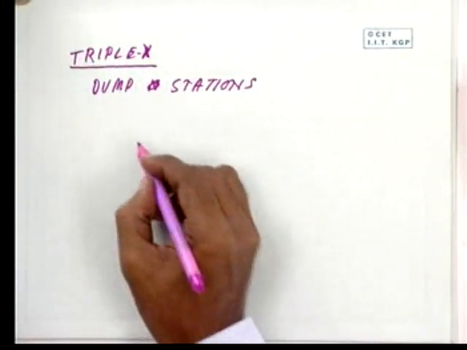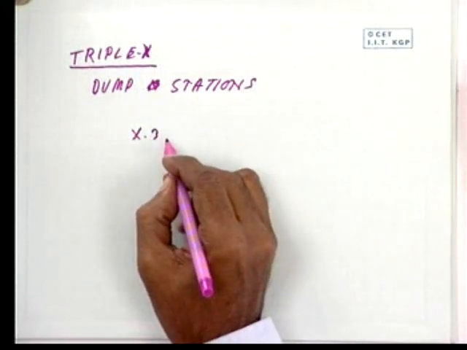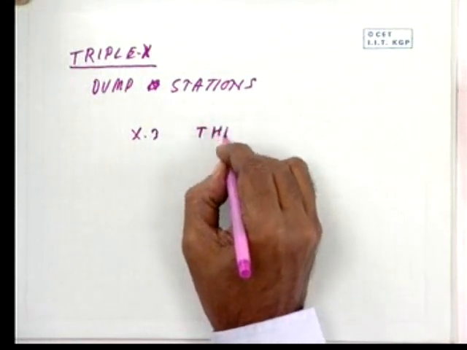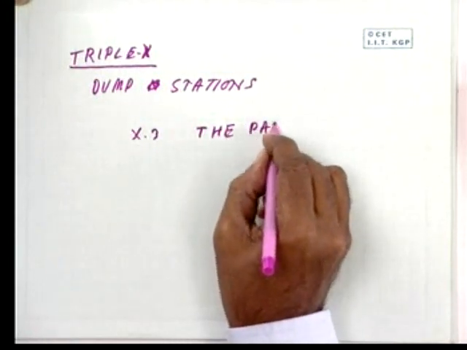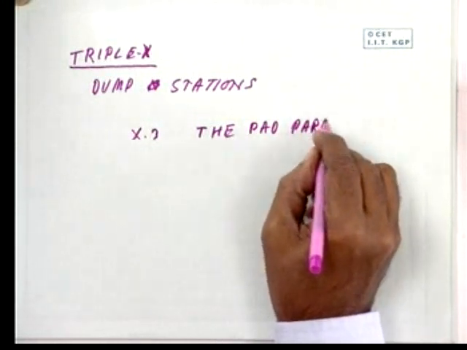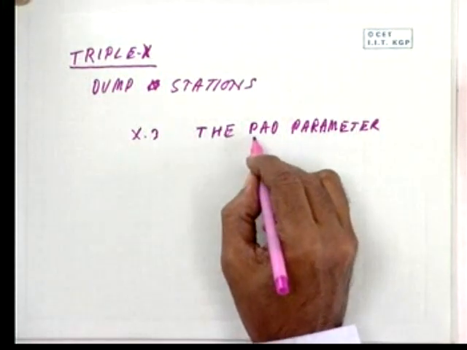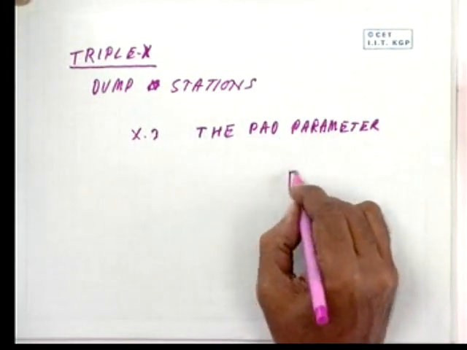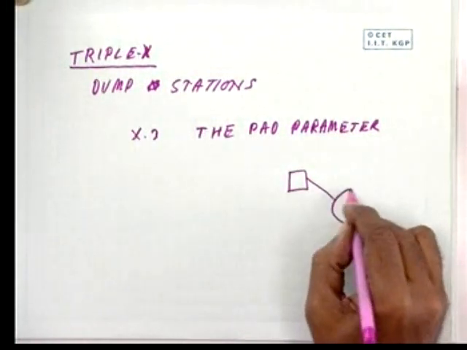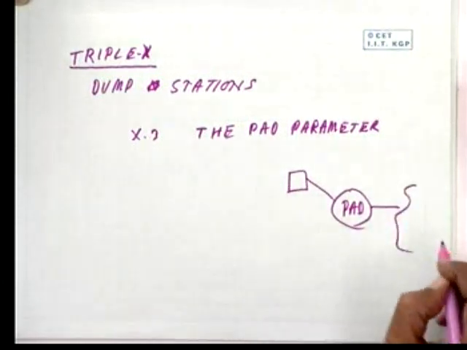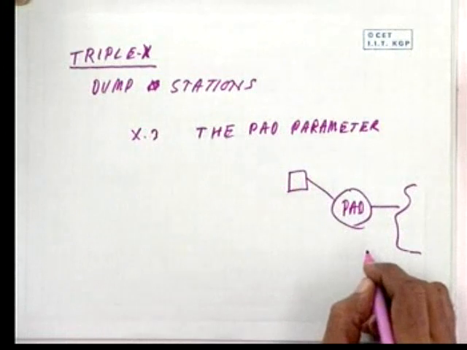In such a case, what will you do? For that purpose, this protocol set has been provided, which comprises X.3, which provides you the PAD parameters. PAD stands for packet assembly and disassembly. That means here is your station, then you will install a PAD, packet assembly and disassembly. This will link to your packet switch network.